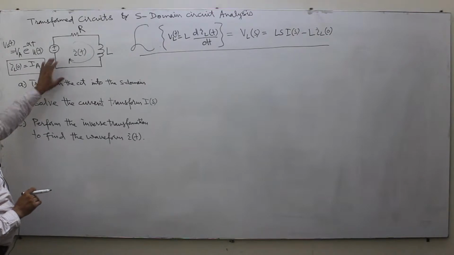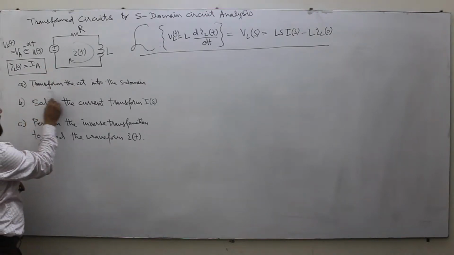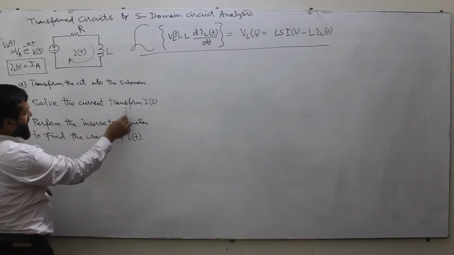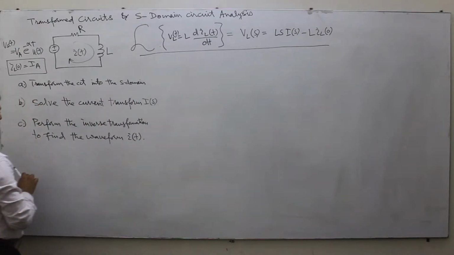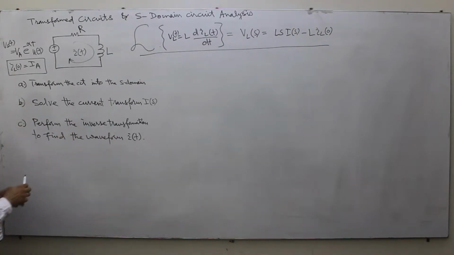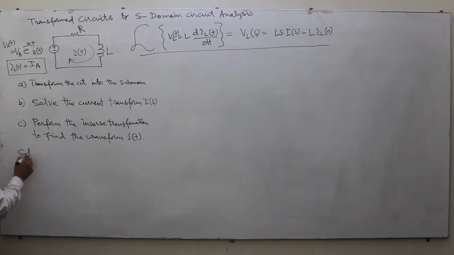For this given circuit, we have been asked to transform the circuit into the S domain, then solve the current transform for I of S, and then find the waveform for I of t by taking the inverse Laplace transformation. So first of all, we have to convert this circuit into the S domain. So let's do the solution.